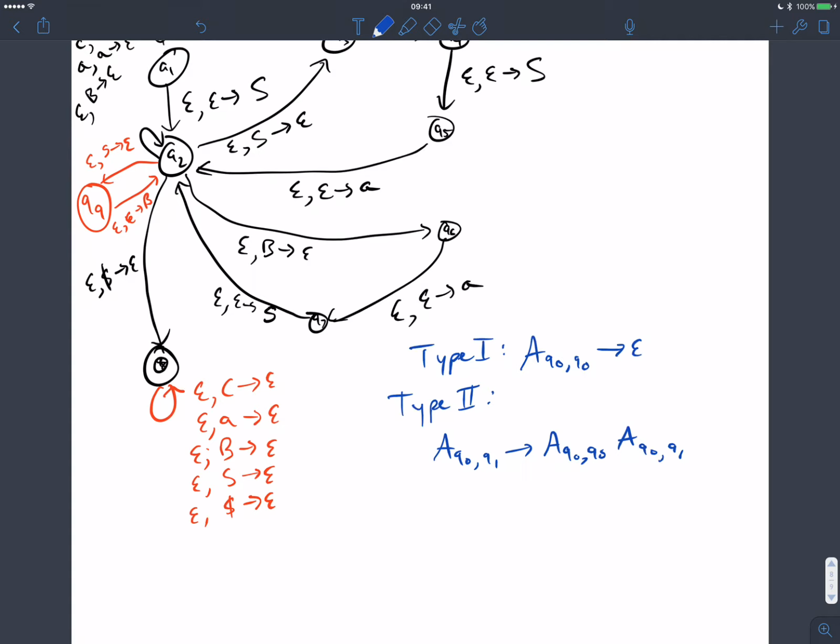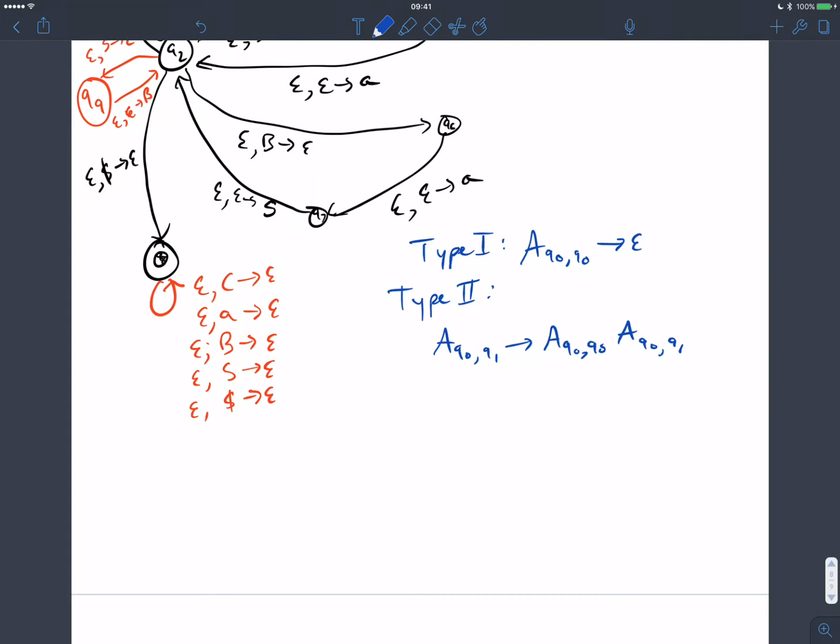Then the second variable, the first one is the same as the second of the first variable. And then the one at the end is the same. So we just got to make sure that these match up, and those match up. But it doesn't look at the PDA whatsoever.